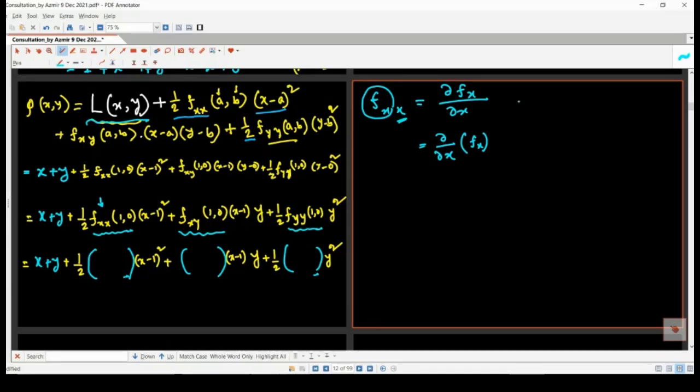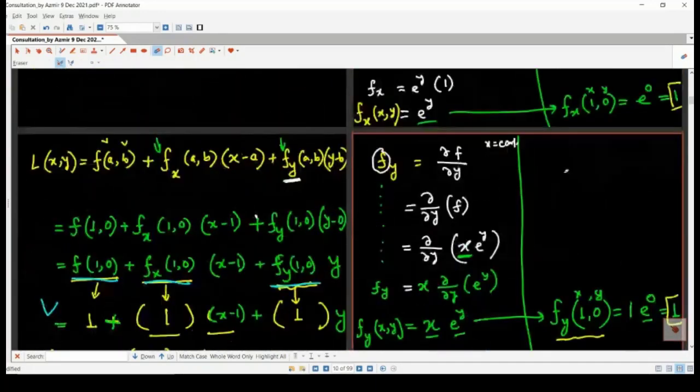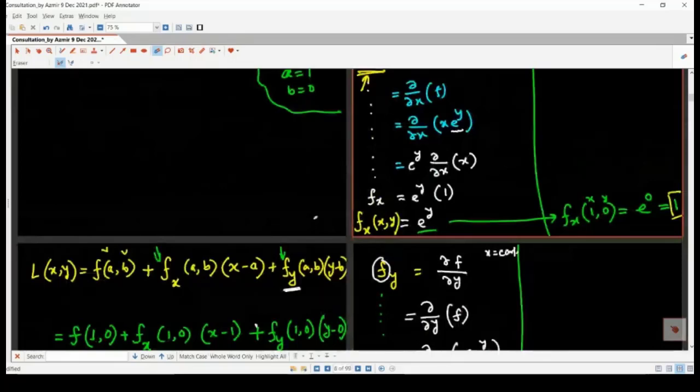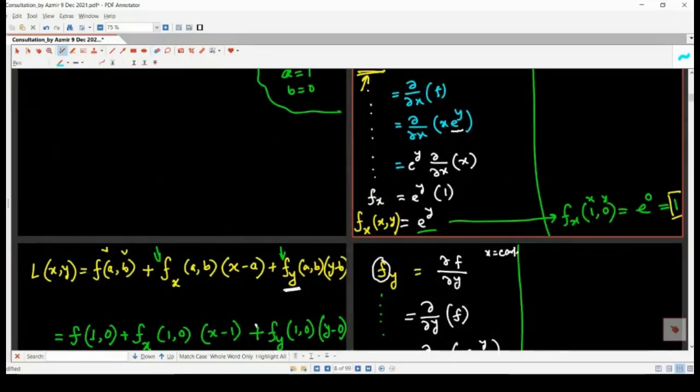Since partial derivative is going on, y will be constant. Now d/dx of f sub x, we have f, but we don't need to input f here. We have to input f sub x. This is important. Have we found f sub x? Yes, we have found f sub x. It is e power y.